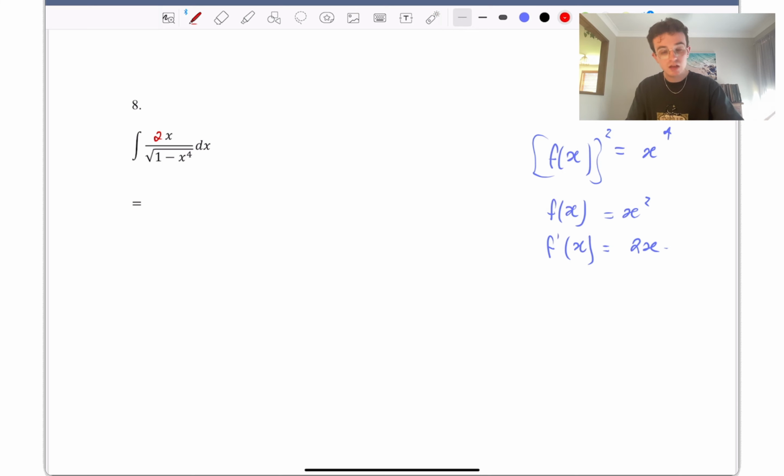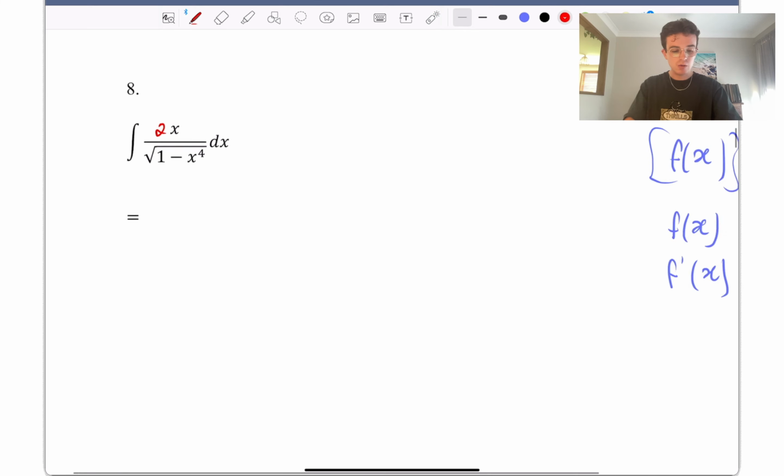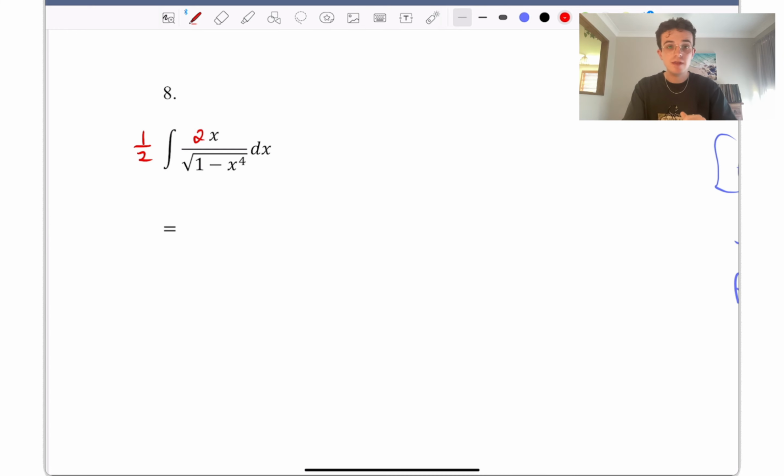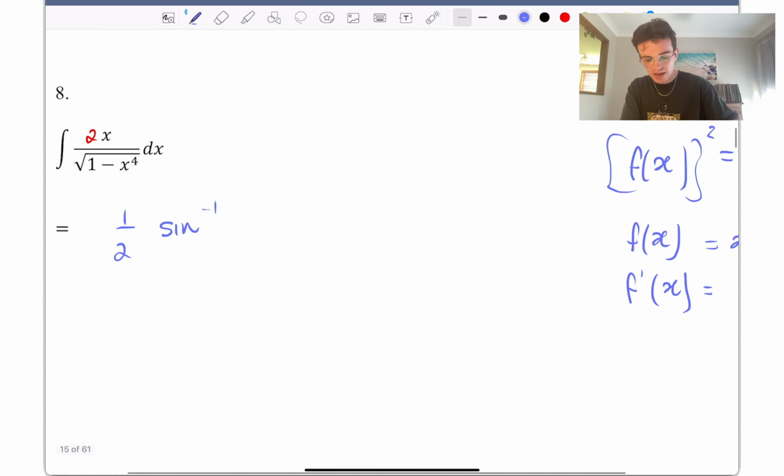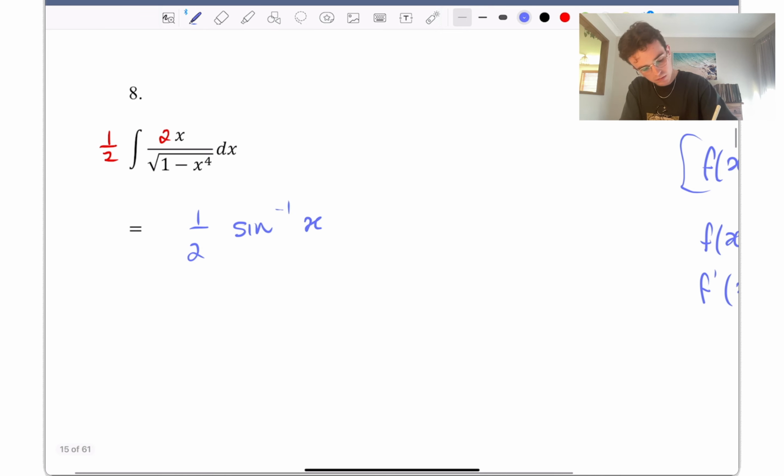If I multiplied this by 2, well, I would have to put a half out here, and then I would have my original integral. So now it's in the correct form. So it's a half times by sine inverse of f of x, which was x squared. And of course we plus c.